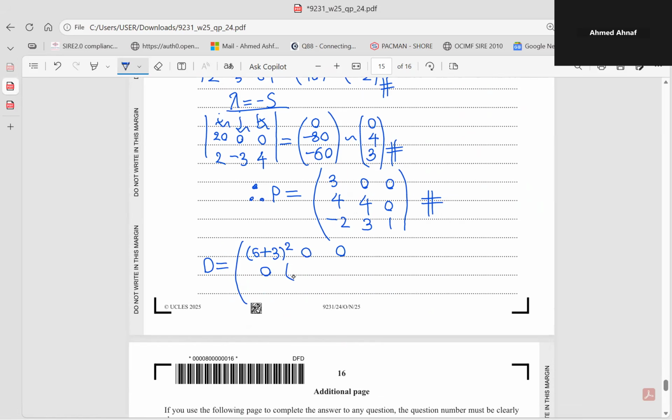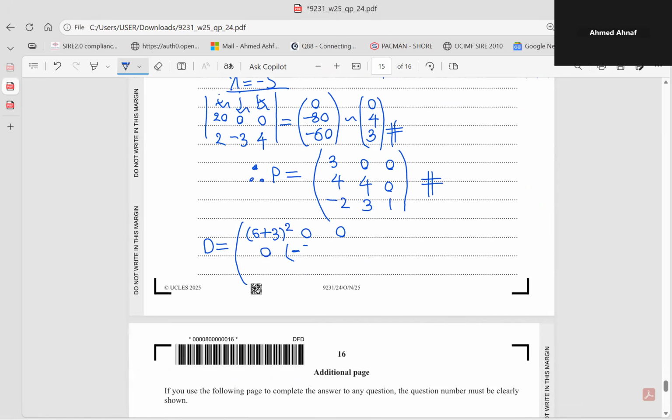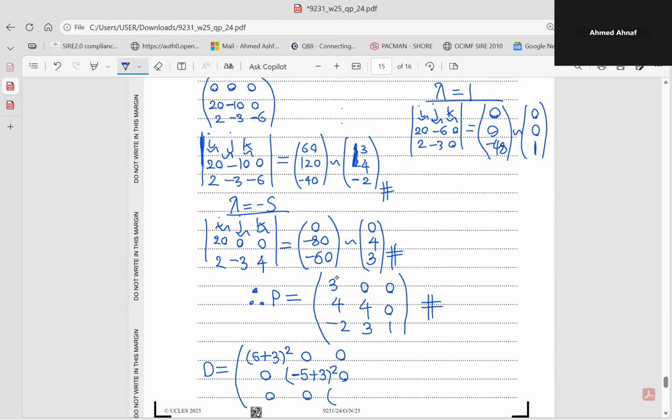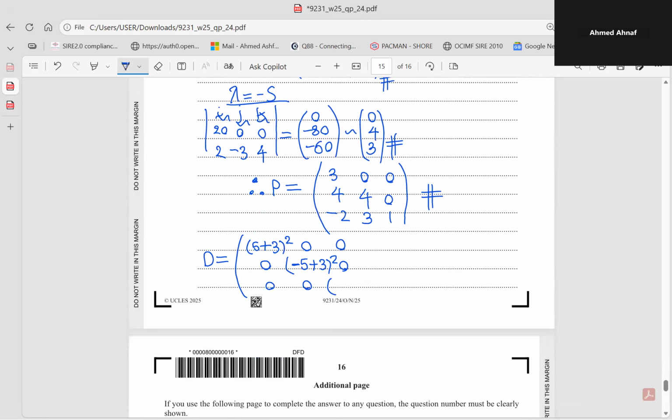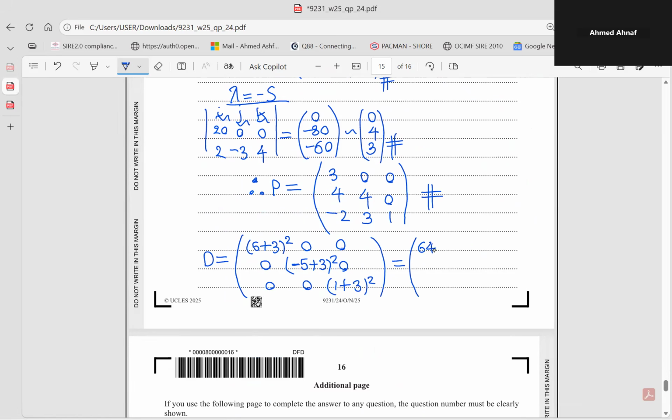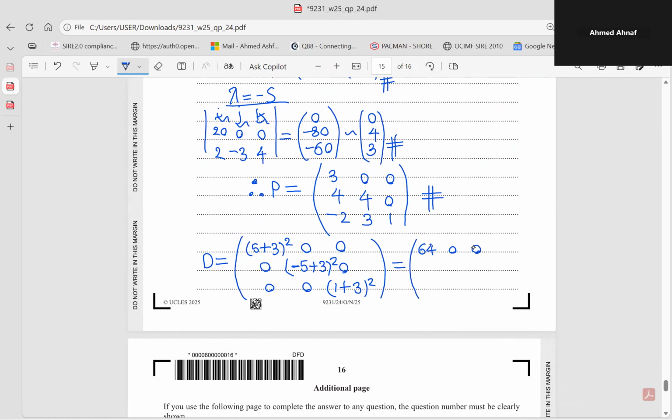The next one is minus 5 plus 3, squared. And this one is 1 plus 3, squared. So doing that, you will get 64, 0, 0, 0, 4, 0, 0, 0, 16. So this would be all for P and D.